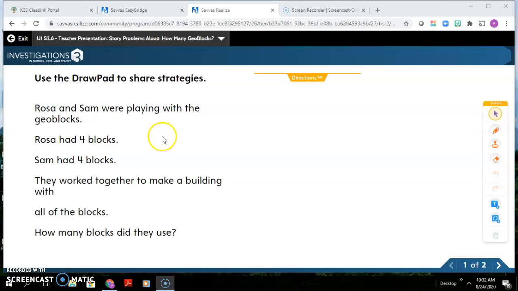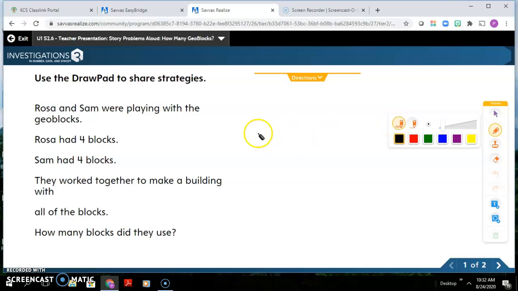First, let's write an addition equation. We know that they're going to have more than 4 blocks, so since they're going to have more, we know we're going to be adding. Let me pick up a pen and we're going to write an equation. Rosa had 4 blocks. Now remember the symbol we use for addition?